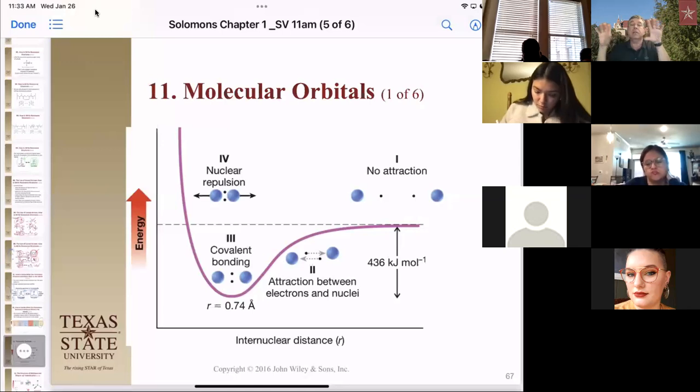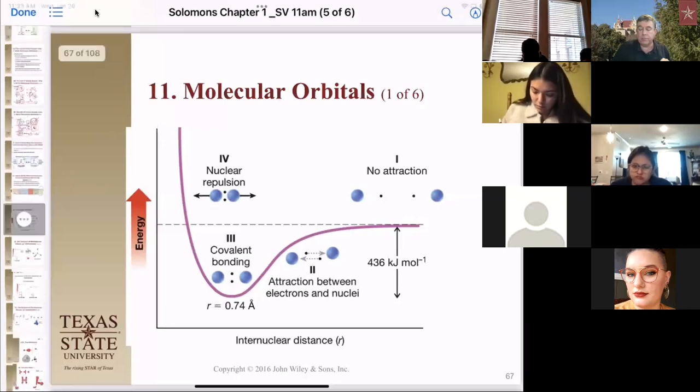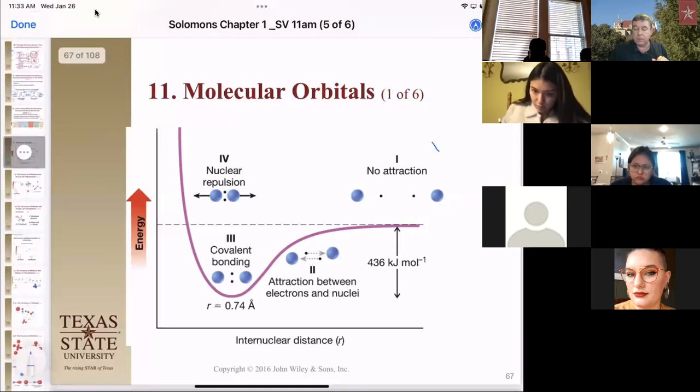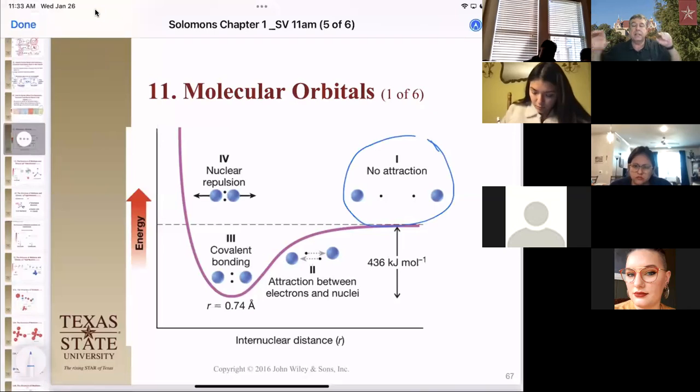If the center of the nucleus cannot feel the negative charge of the electron, there's 0 attraction. We're over here at number 1. We're so far away that we don't see any attraction. But let's say they get close enough, and so this nucleus can start to see this electron, and this nucleus can start to see this electron.